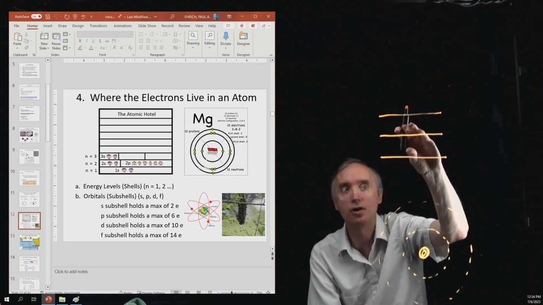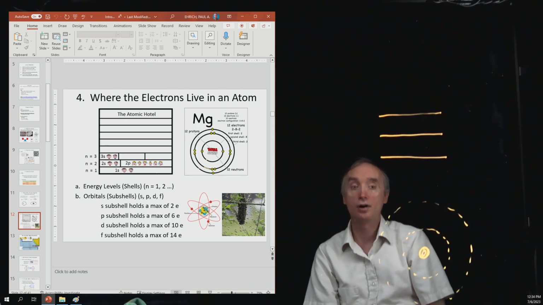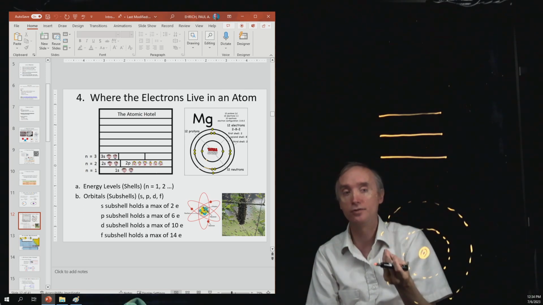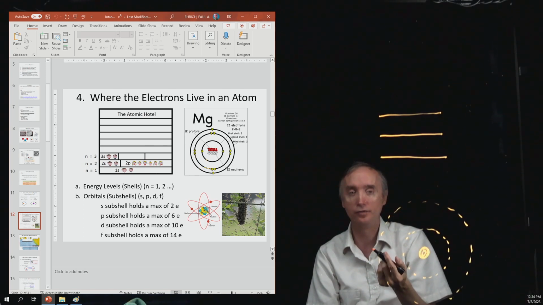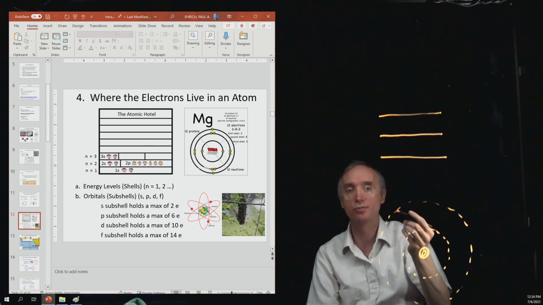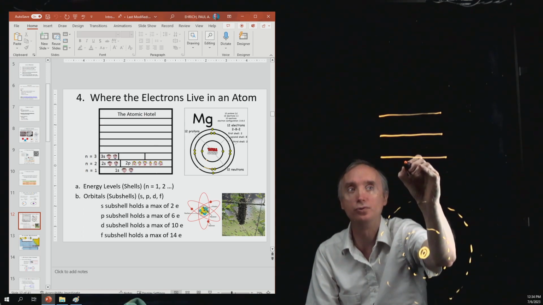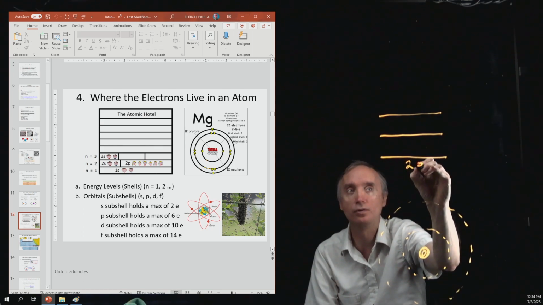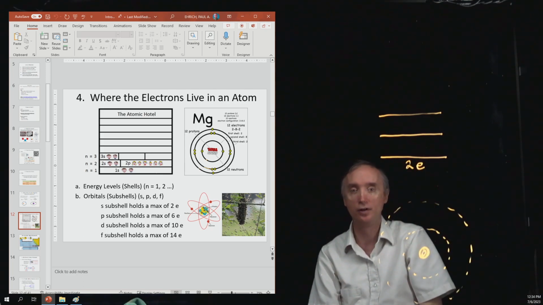But let's continue talking about this one up here, this way of looking at it. So on the first energy level of the atom, there is room for only 2 electrons. So only 2 electrons can live on the first energy level.